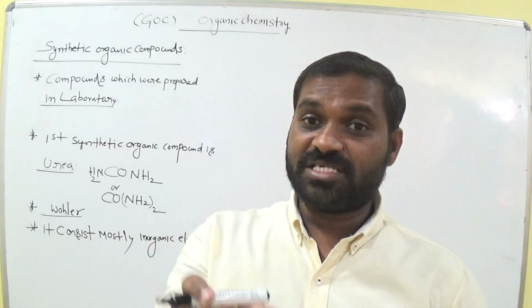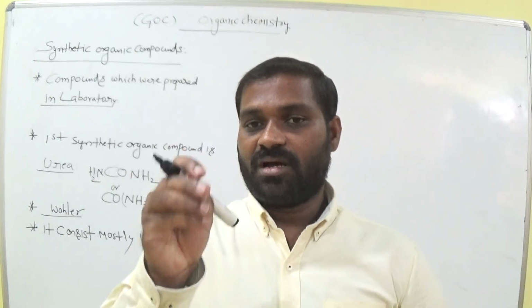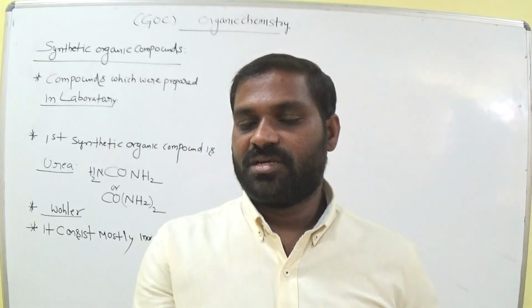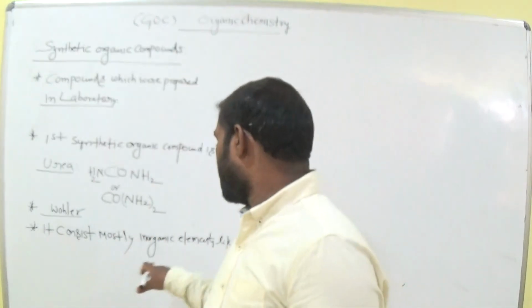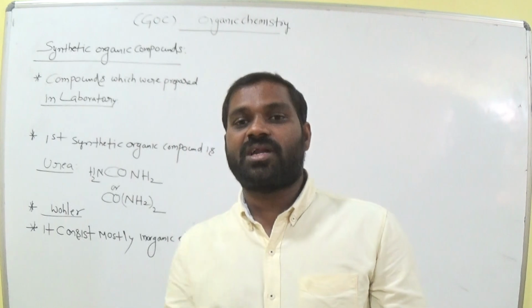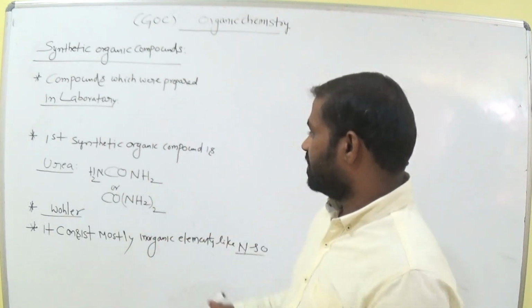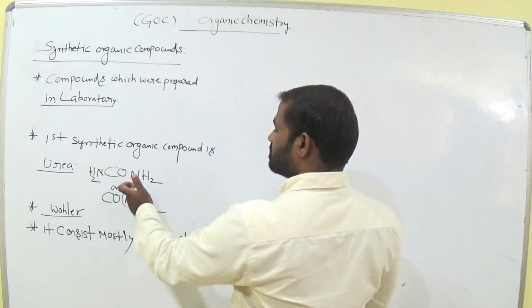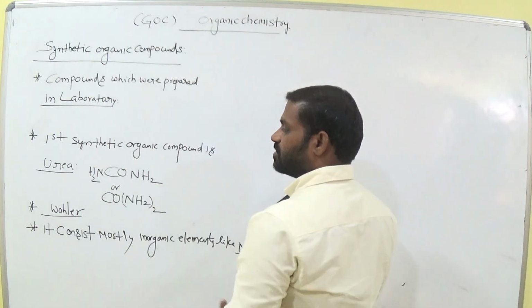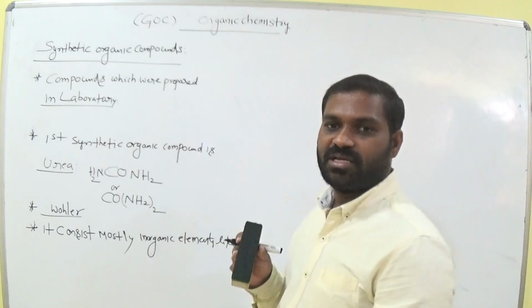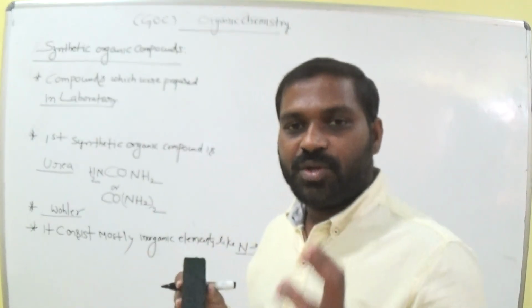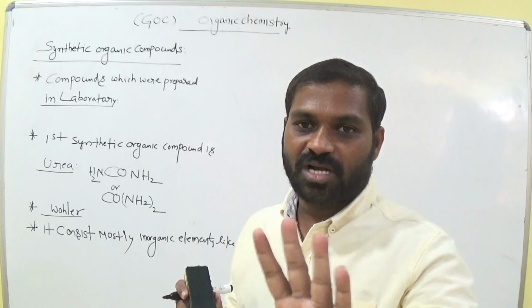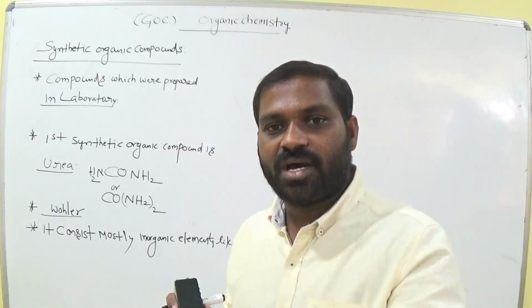If carbon is present along with hydrogen, we mostly call it an organic compound. In urea, oxygen is there, nitrogen is there, two nitrogen atoms and one oxygen. So we expected urea to be inorganic, but it is not inorganic, it is an organic compound.